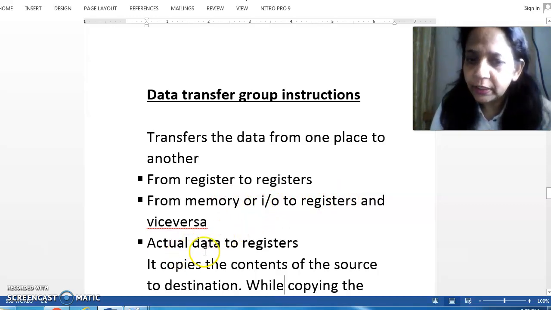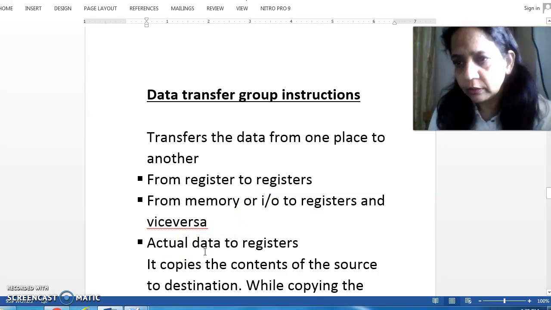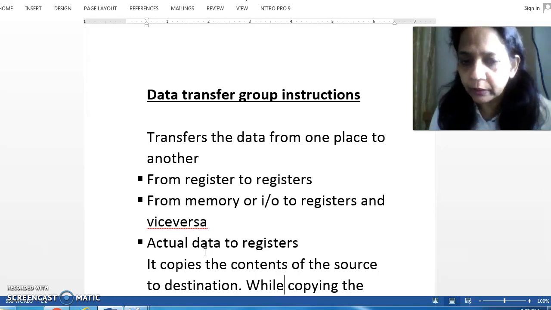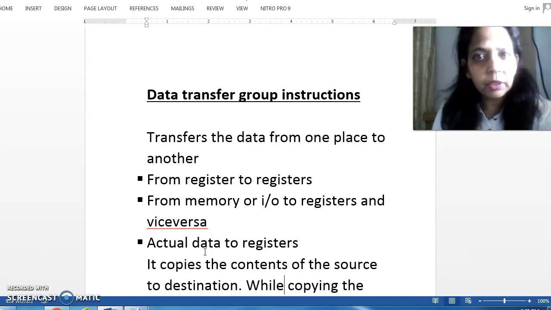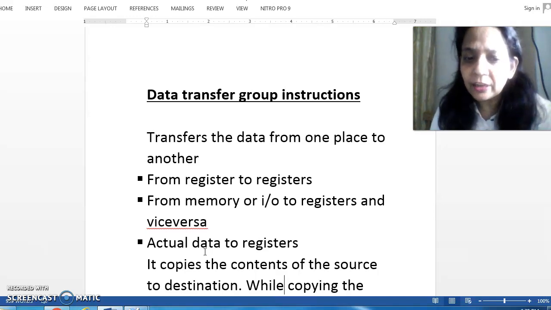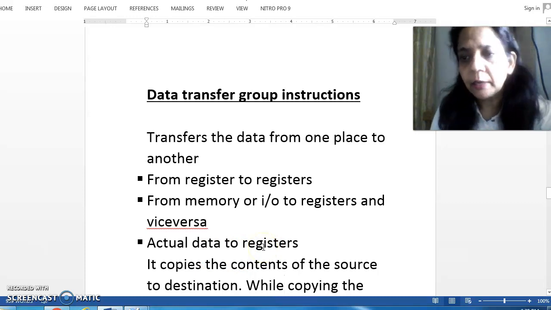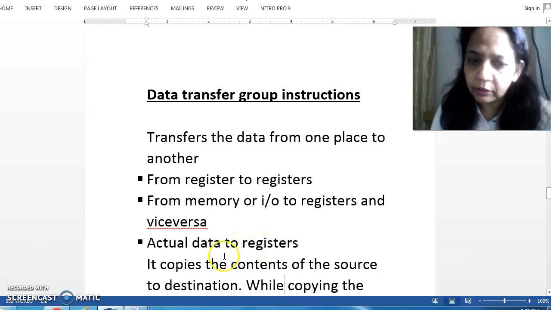Now actual data can also be transferred to the registers. Like suppose if I tell you to bring 5 chocolates, you know how many chocolates exactly you want to bring. That is 5 chocolates, so that is nothing but your actual data. Similarly, whichever data has to be transferred to the register can be given in the instruction itself.